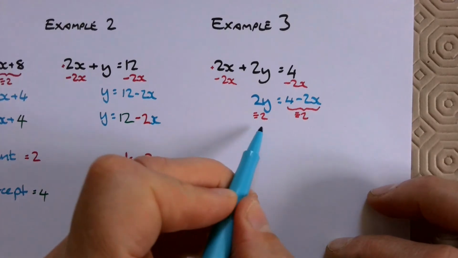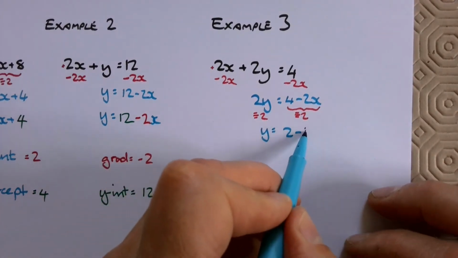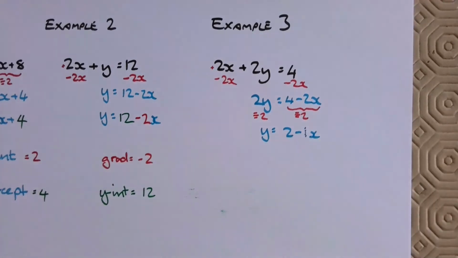So now we're going to have y is equal to 2 take away 1x. The 1's invisible there because it's algebra. Don't write 1x, just write x. I'm just putting it there so you don't get confused as to what's going on.